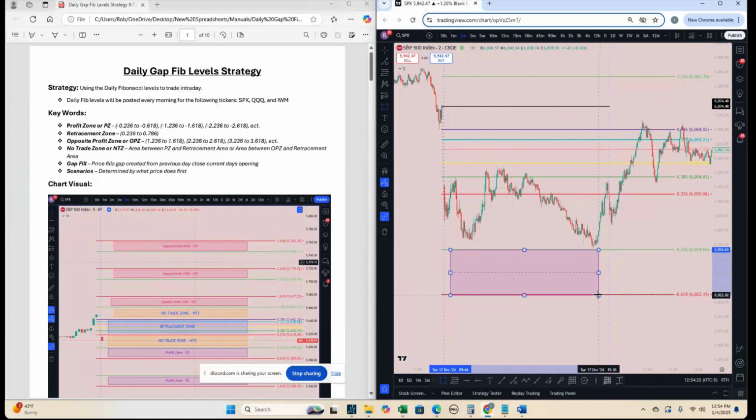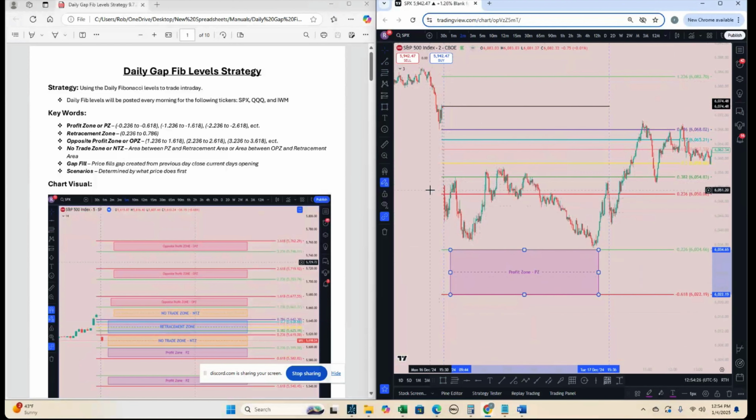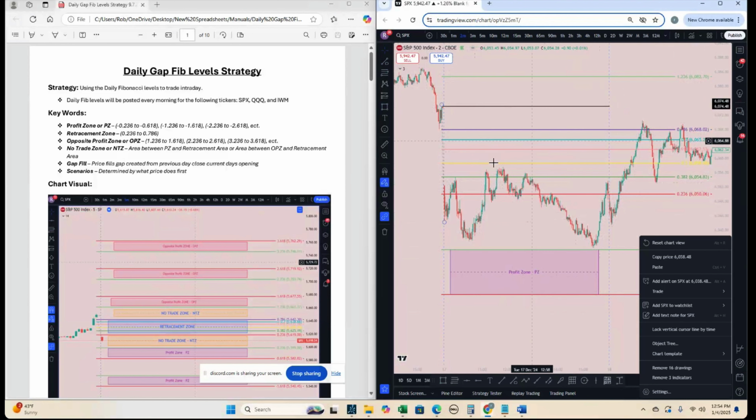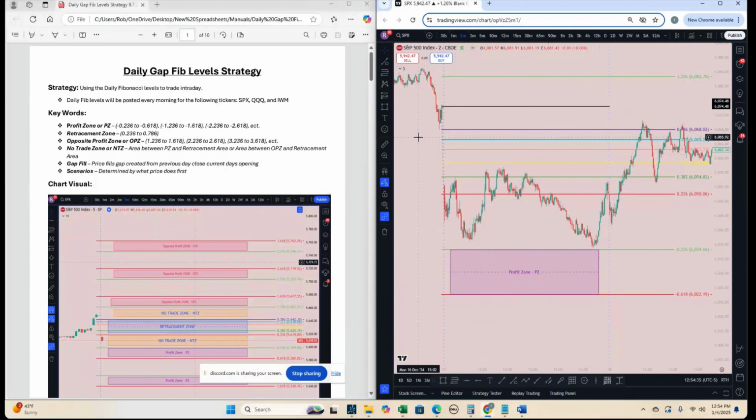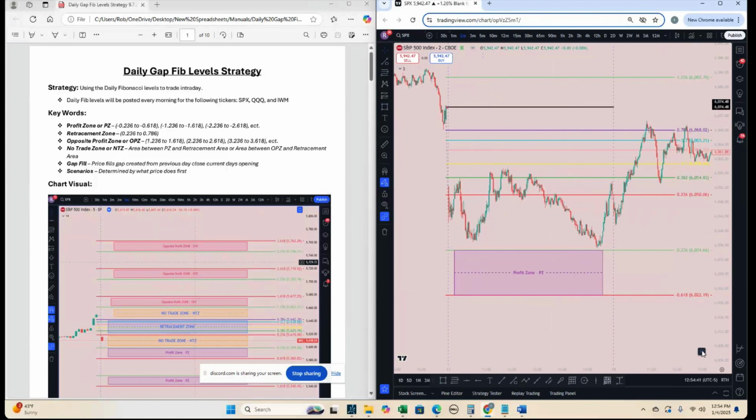Here's your PZ. Got close to hitting PZ. Didn't really get close to filling the gap. We did hit RTZ. So scenario 5, we don't hit PZ and we don't fill the gap.